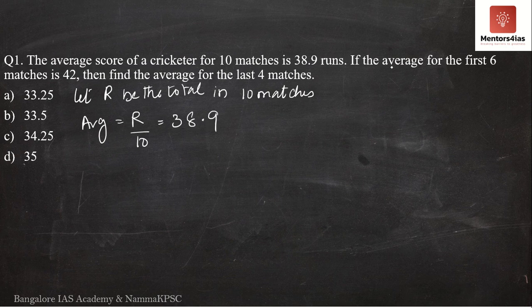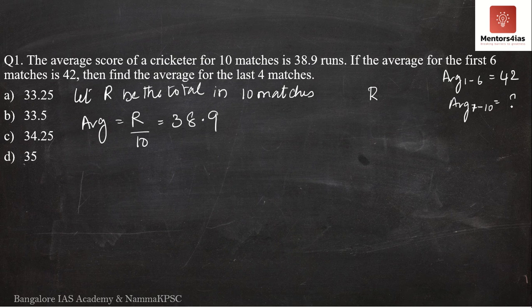Now the question further says, if the average for the first 6 matches is 42, then find the average for the last 4 matches. So the average for the first 6 matches, that is the average from the first match to the 6th match, is equal to 42. What is the average of the last 4 matches, that is from the 7th match till the 10th match, 7, 8, 9 and 10?